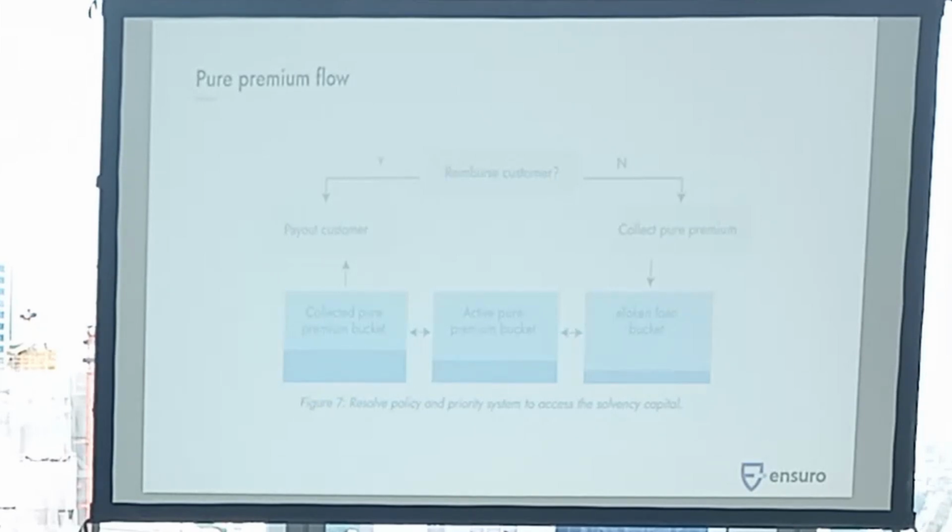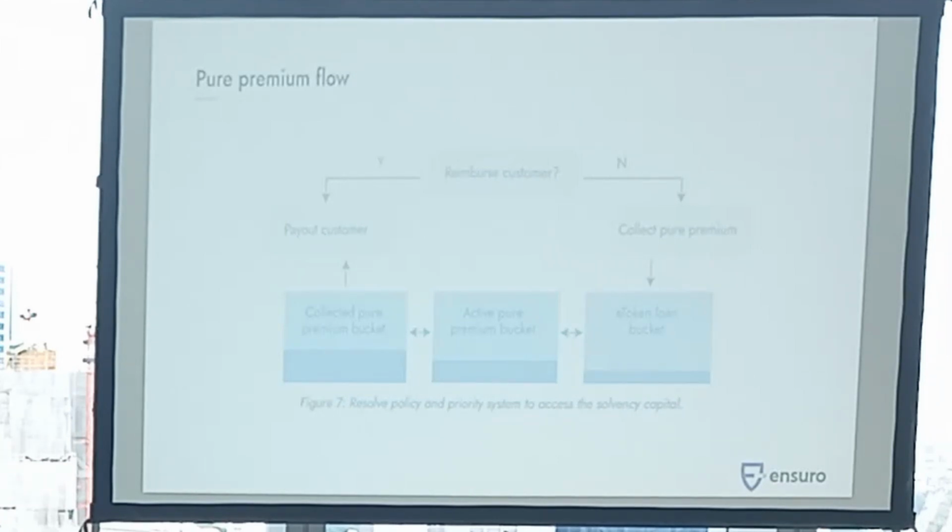And so this way, the returns of the liquidity providers are usually not impacted by individual policies.